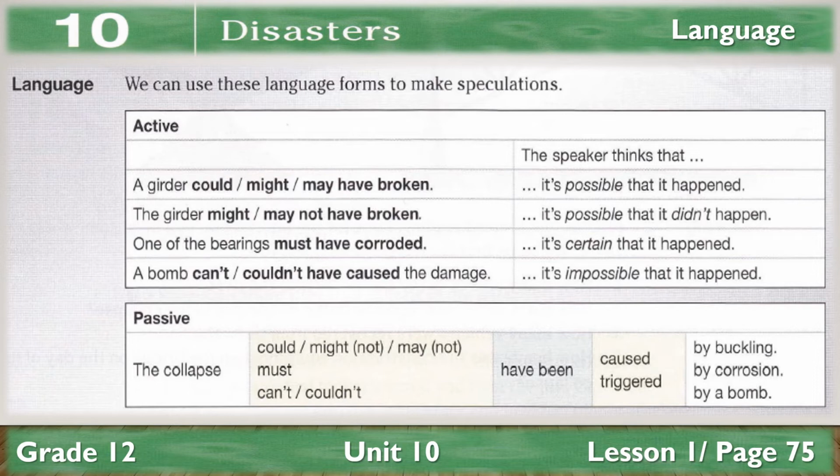While we have the second table, the passive form: the collapse could, might, must, can't, couldn't have been. So we add been here between have and the past participle verbs like caused or triggered. Then we complete the sentence.